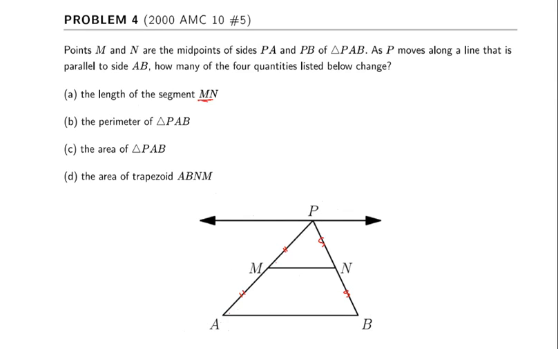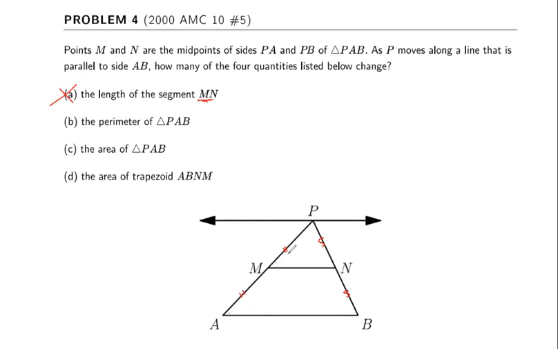They are similar triangles, and MN and AB are corresponding parts, so the ratio is 1 to 2. Since AB doesn't change, MN doesn't change either. Regardless of where you drag point P, MN will still be half of AB, so that doesn't change.